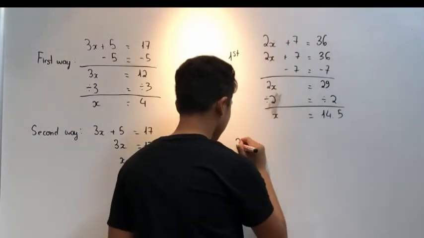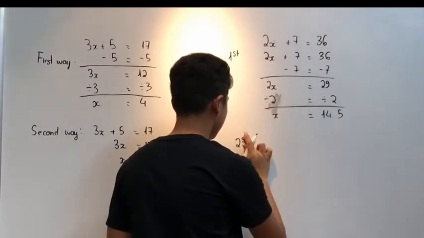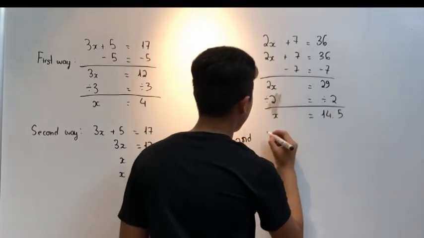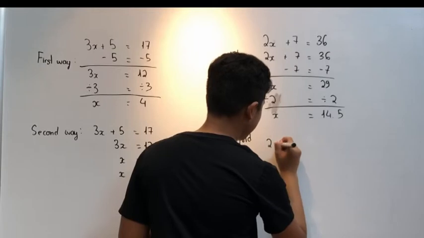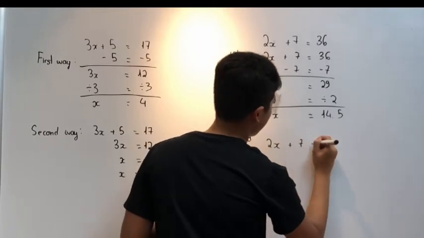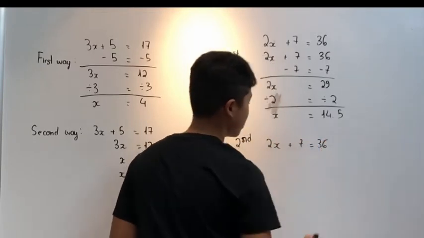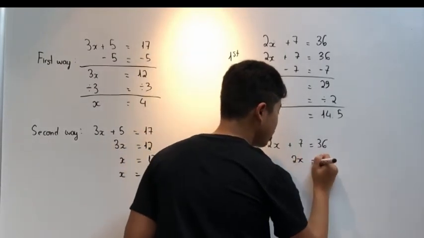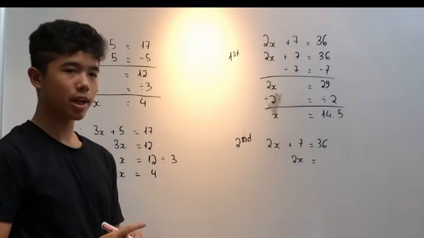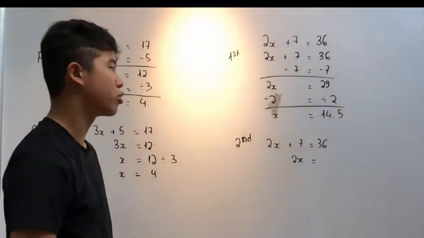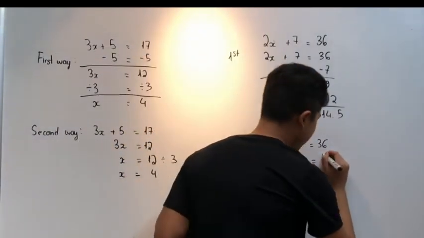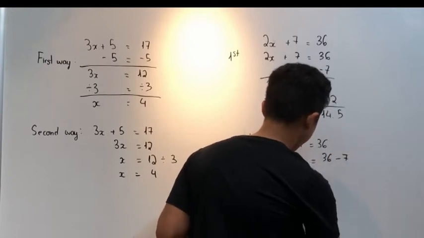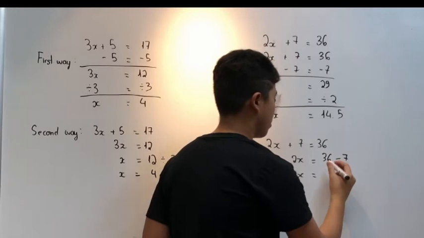And for this one, the second way, we'll have 2x plus 7 equal to 36. For multiplication first, always remember multiplication first and then add and subtract. 36 minus 7, 2x equal to 29.